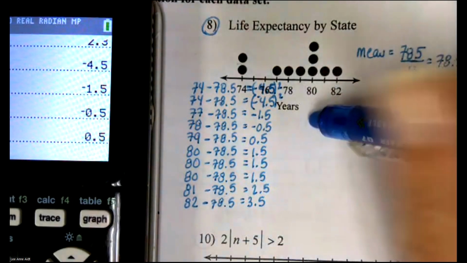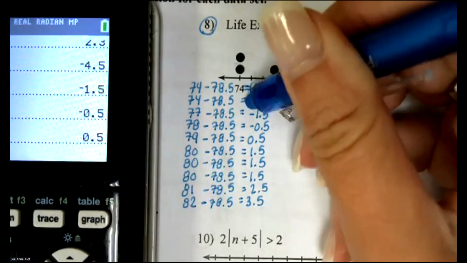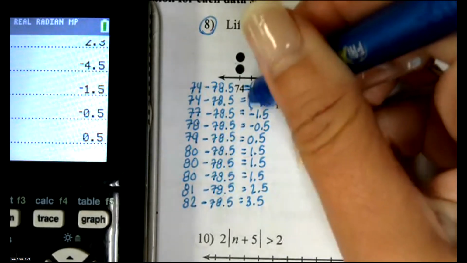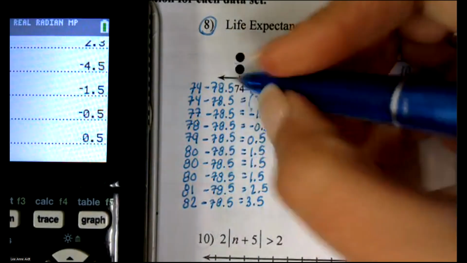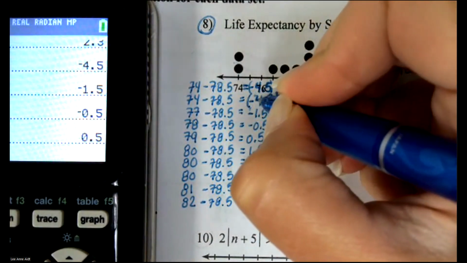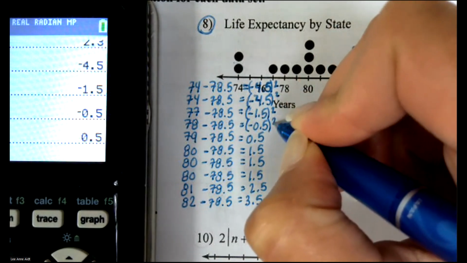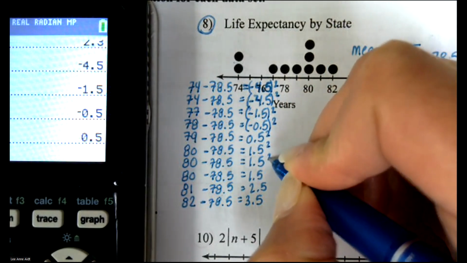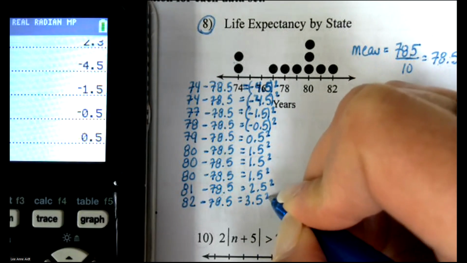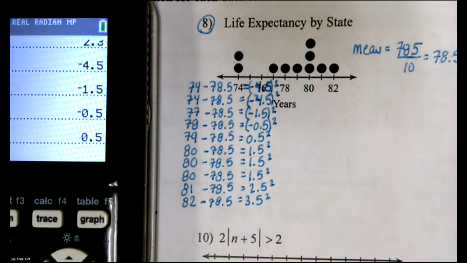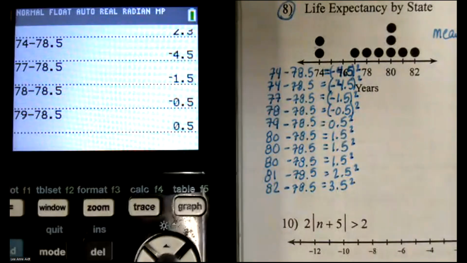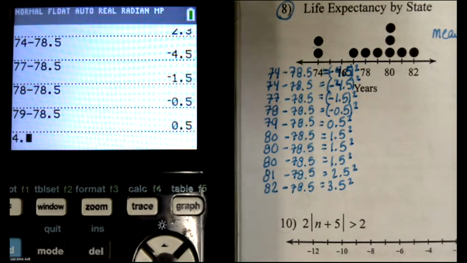Yep, square, and then add all of them. Now, remember to put parentheses around the negative ones when you square. Because the whole purpose of squaring them is to make them positive. Because in stats, we don't like to work with negative numbers.